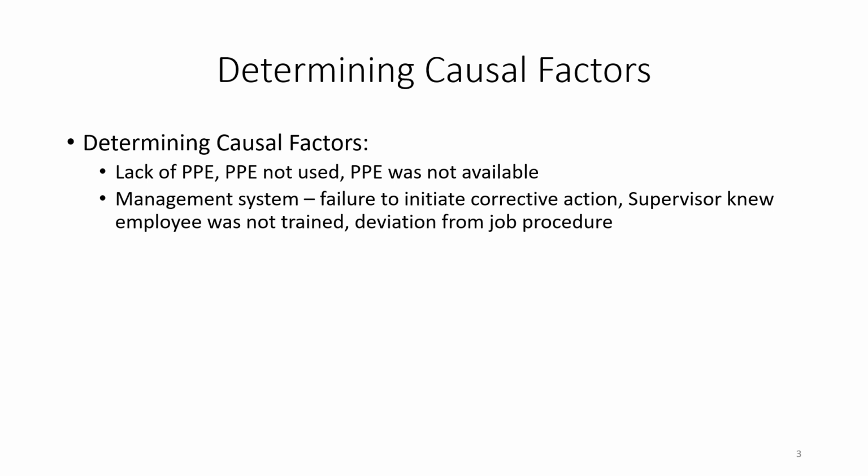The supervisor may know or may not know if the employee is trained or not trained out there. And then again, we get back to that deviation from job procedure. Is it something that management knew, looked the other way, just like is it something that the employees knew and looked the other way? So we want to look at the management system out there too.